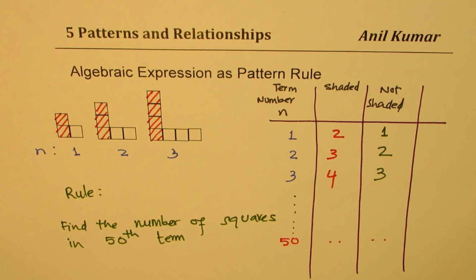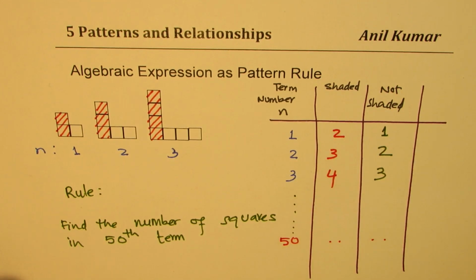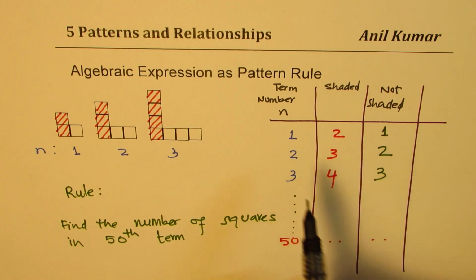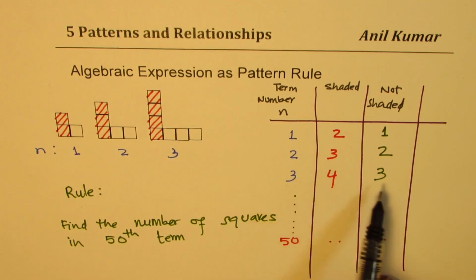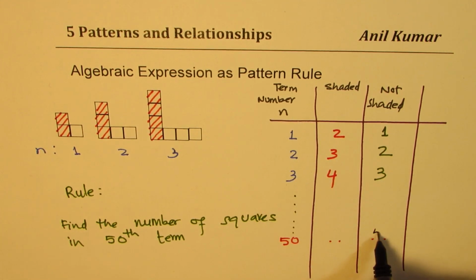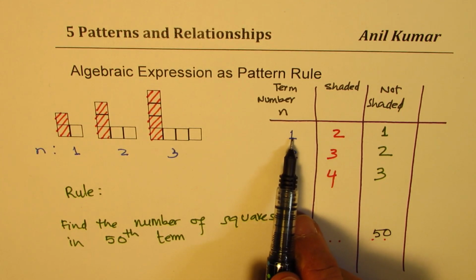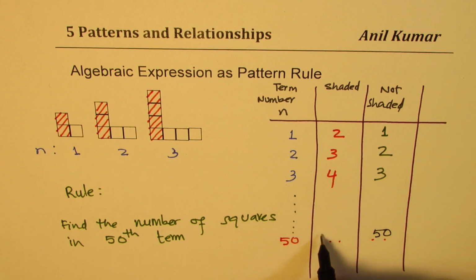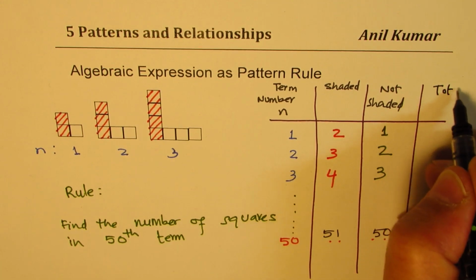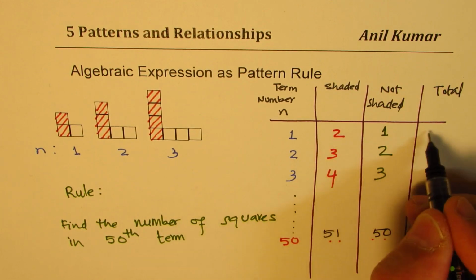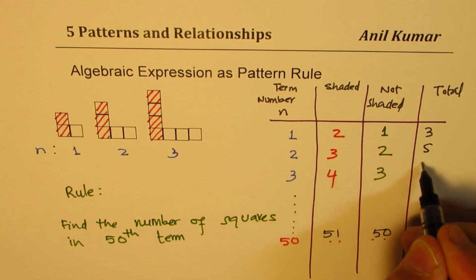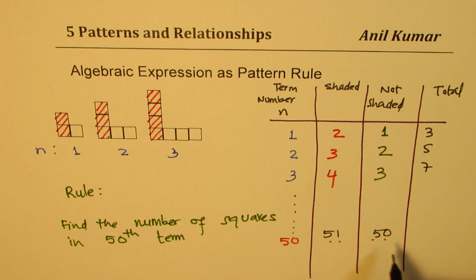That's your question. Well, you can see the pattern, right? So 1, 2, 3, 4. 1 is 1, 2 is 2, 3 is 3. So 50 will be 50, correct? Now this 2 is 1 more than 1. So this will be 51. And if you add them, you get your total. In the first case, it was 3, then 5, then 7. In this case, it is going to be 101. So that's your answer.